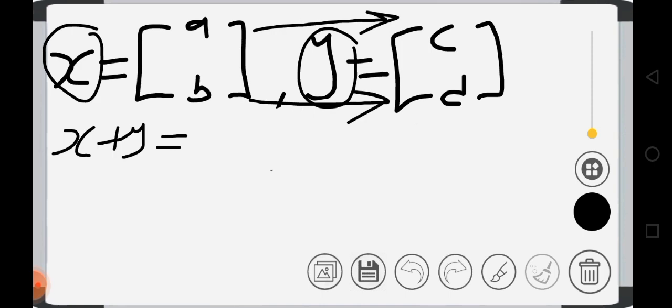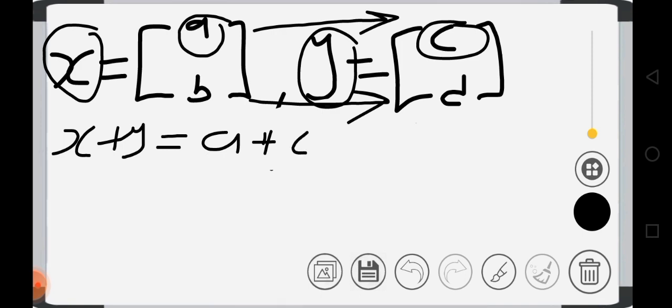It's important. Now x plus y will be this a plus this c, which is a plus c, then i.